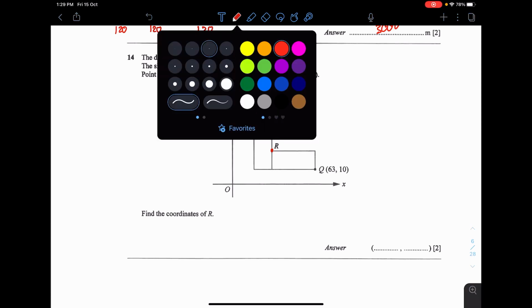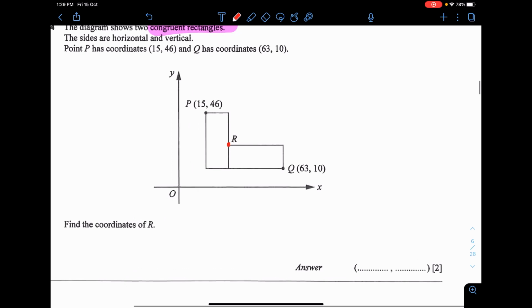Let's think about it. Now this is 63. This one is 10. This one is 46. Meaning to say that the height of the rectangle must be 36 unit. This one is also 36 then.